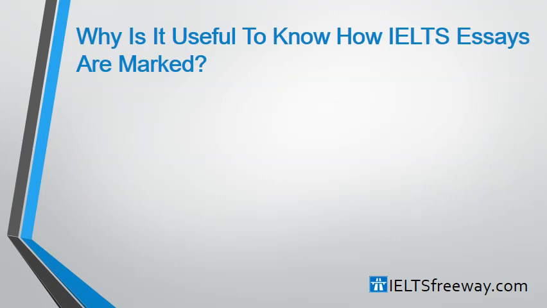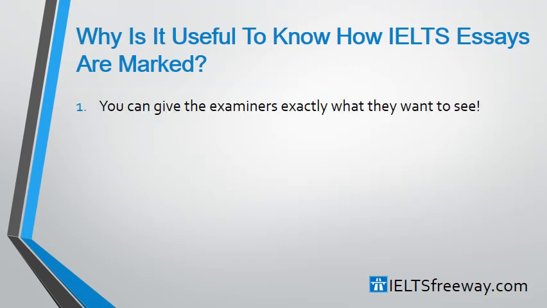So, why is it useful to know how your IELTS essays are marked? Well, first, it means that you can give the examiners exactly what they want to see. For example, if you're doing a maths exam, often the examiners will want to see your working out, to see how you've actually done the question, because often you'll get marks for that.